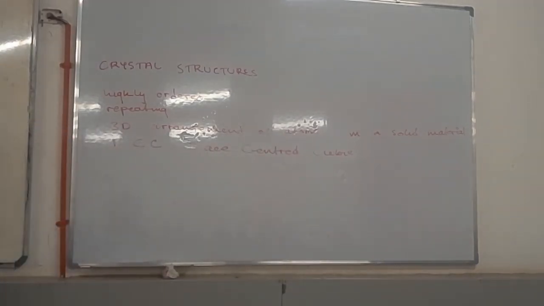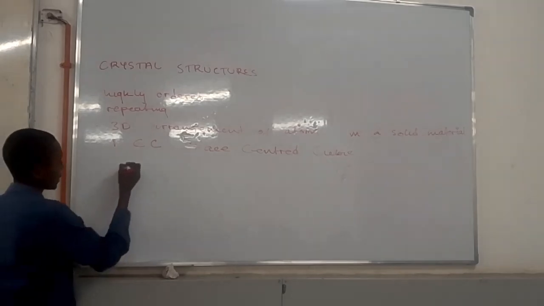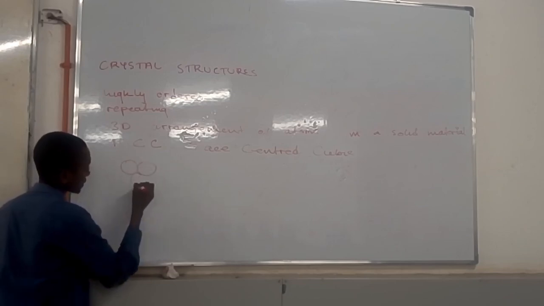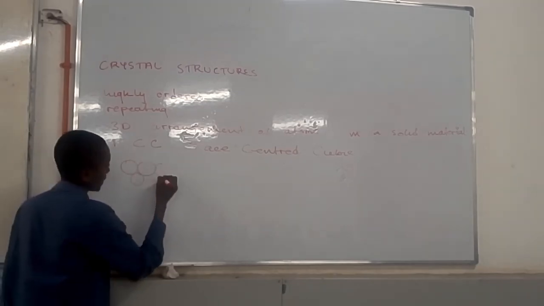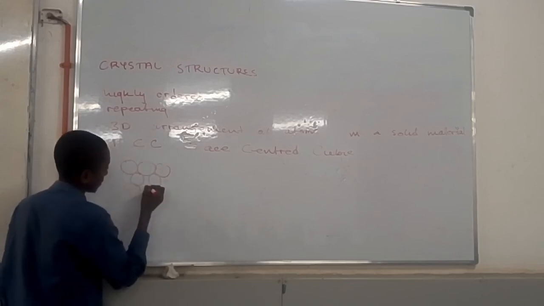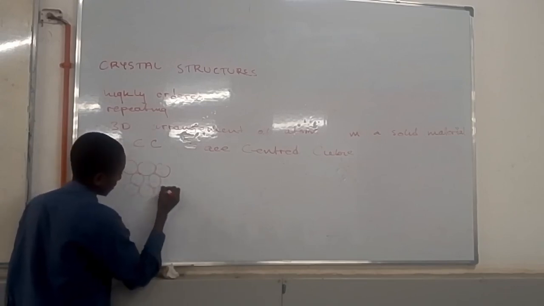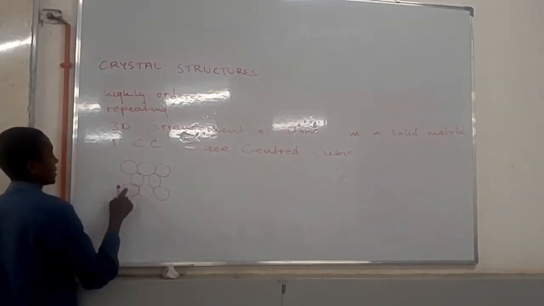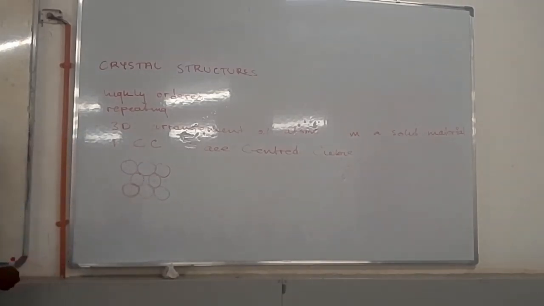And if we were to represent it in a 2D presentation, it would be that one that I was drawing, if you remember it, that one that looked like this. This would be the 2D for an FCC.